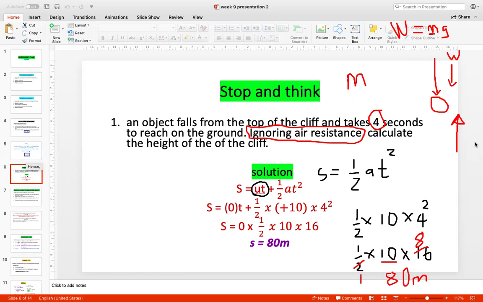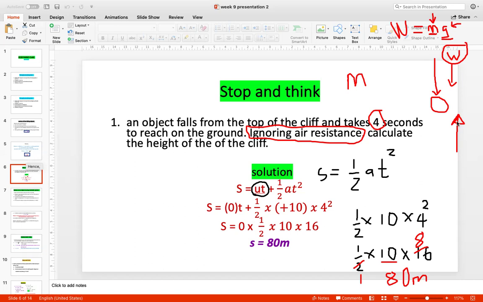So as the speed increases, the air resistance also increases, while the weight remains the same, because the mass that you're multiplying with the gravity does not change regardless of the position, and this g here is 10, so these values cannot change.